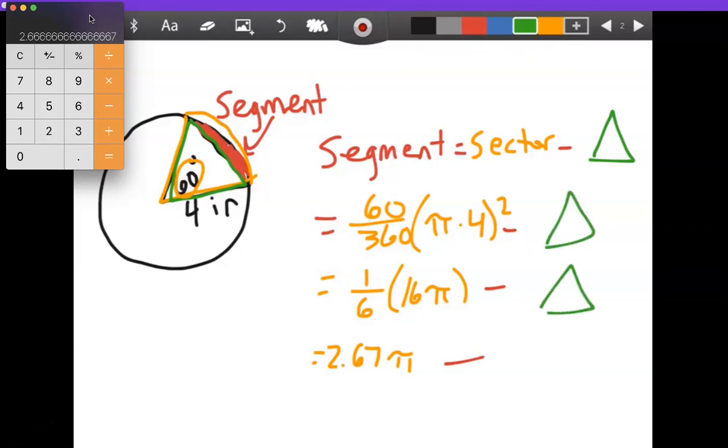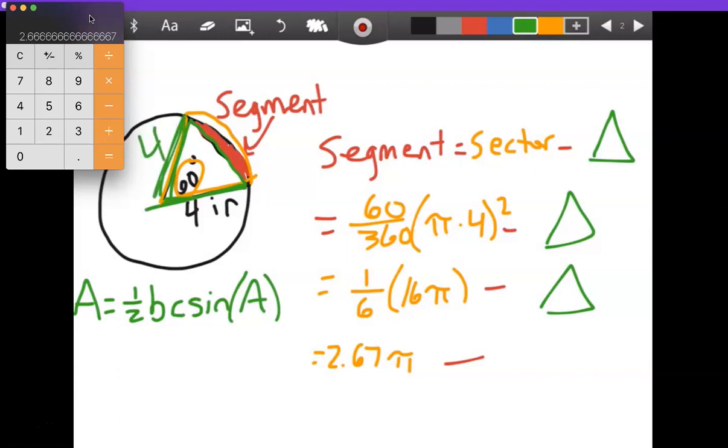How do we find the area of the triangle? Triangles have an area of 1/2 base times height, but I also showed you this formula, which is going to be a lot more useful for the situation that we're in. If this piece is 4, then this piece has to also be 4. So that can be my b and c. A is the angle, which is still 60.